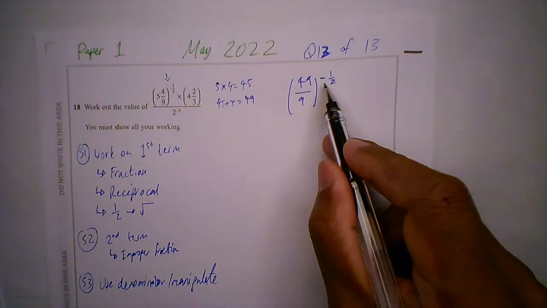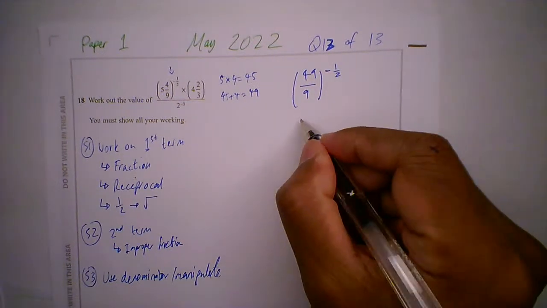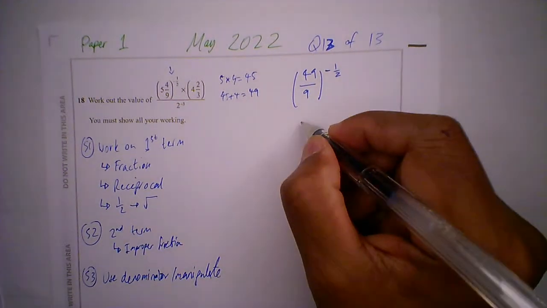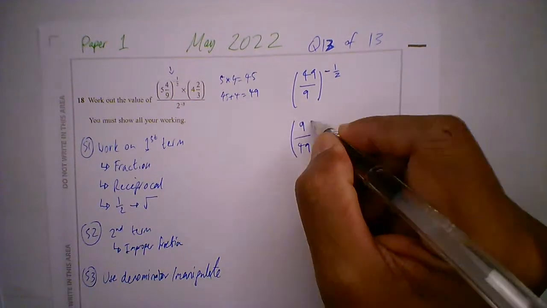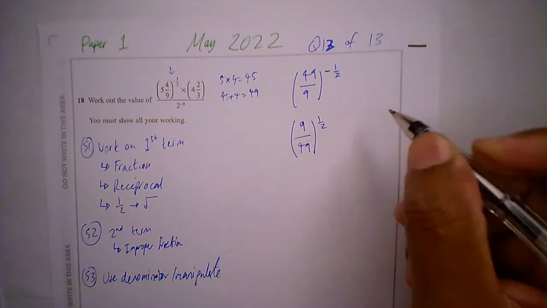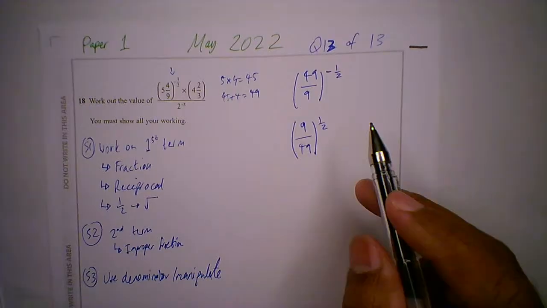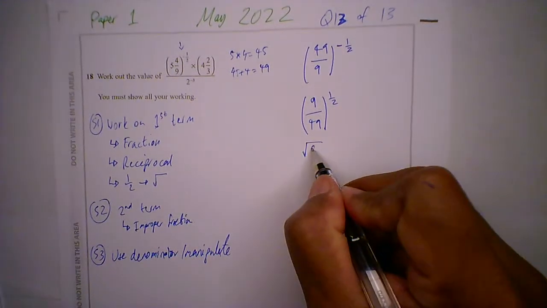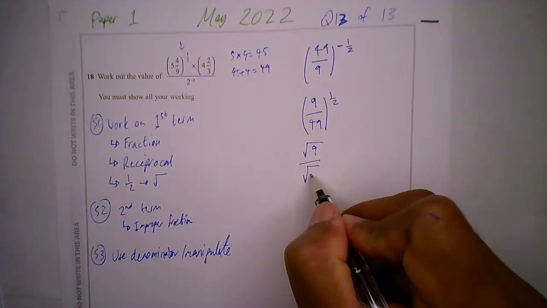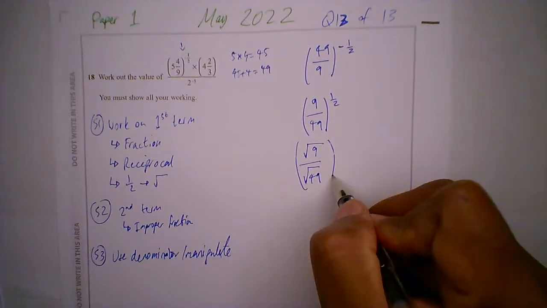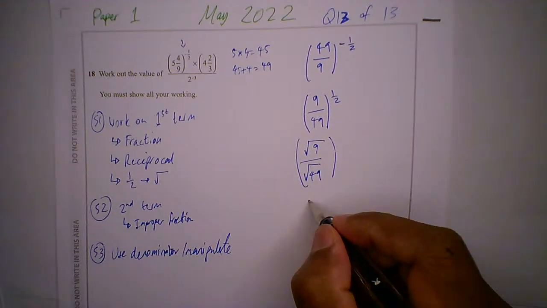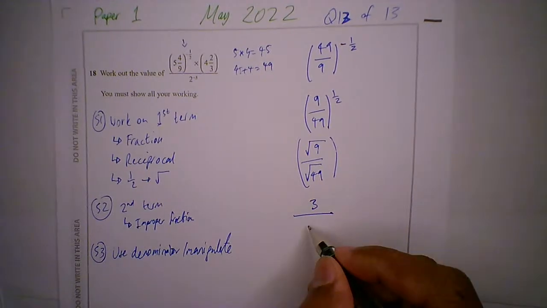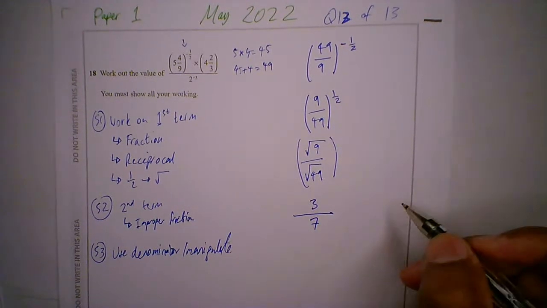Now, because it's reciprocal, I can swap these around, so that now becomes 9 over 49, and it's still a half. So because it's a half, I can do the square root of 9, square root of 49. Okay, so square root of 9 is 3. Square root of 49 is 7. 7 times 7 is 49.